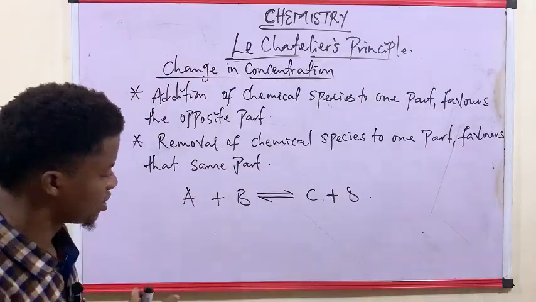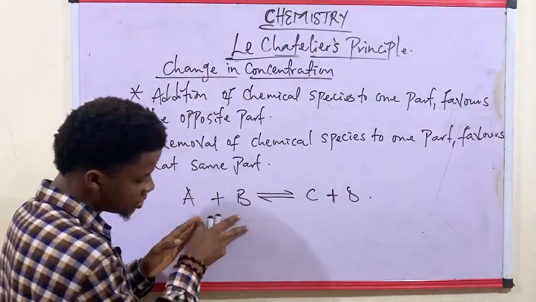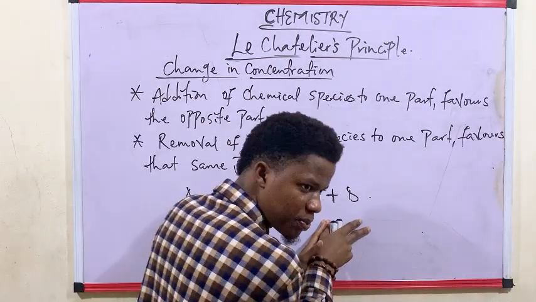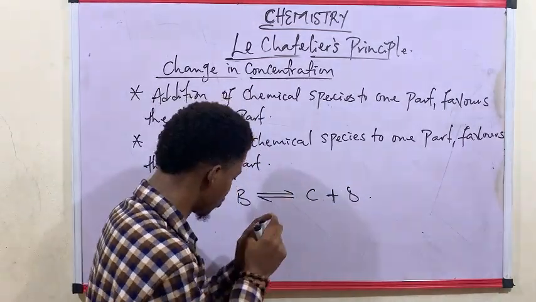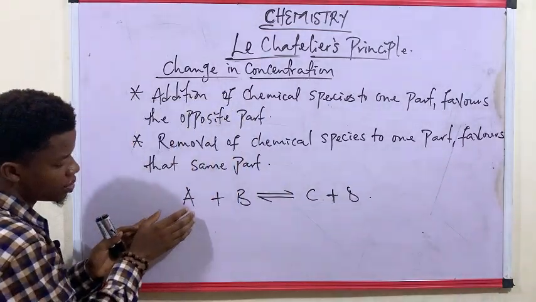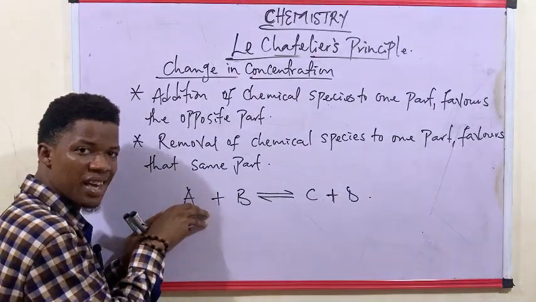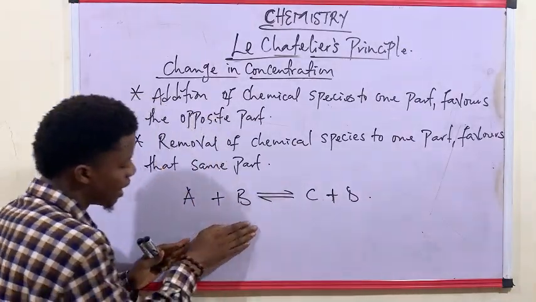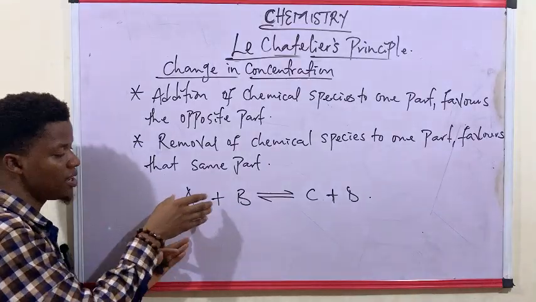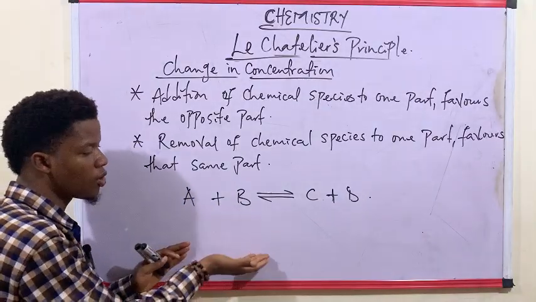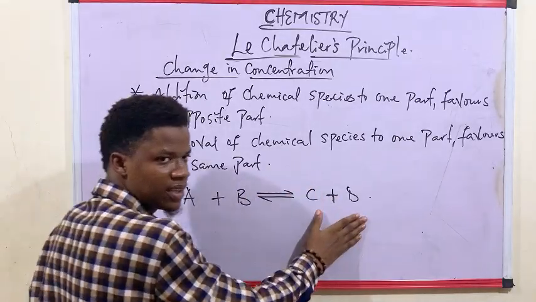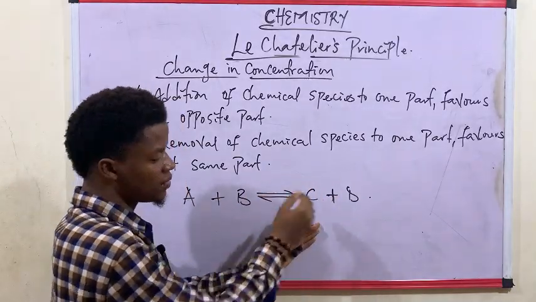So it therefore means if I add to this part, it's going to favor what? The opposite part, which is this part. That's concentration. Whether I tell you addition of more of A or more of B, so long as I am adding to this left hand part, the right hand side, the opposite side, is favored.